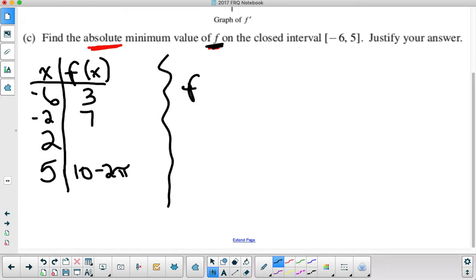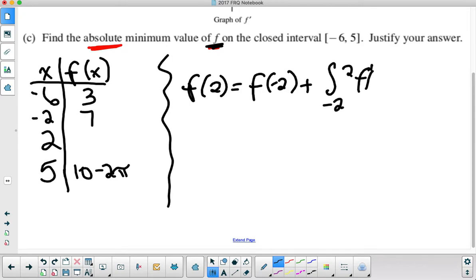So let's do that part here. f of 2. Look back at your work for part A. This is where I'm getting this work from. Integral from 0 to 2 of f prime of x dx. We know f of -2 is 7. We were given that in the problem. The second part of this is your area.